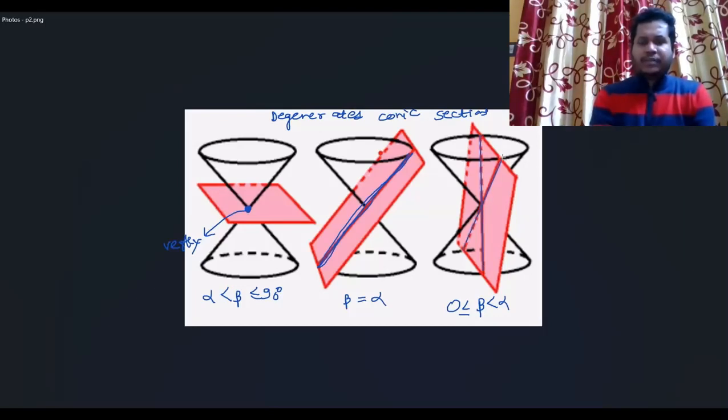These are the two straight lines that we get, and that will be the common part with these two nappes. These are the three special cases that I was talking about, and these are known as the degenerate conic sections. Okay, now we will focus on each of the conic sections one by one.